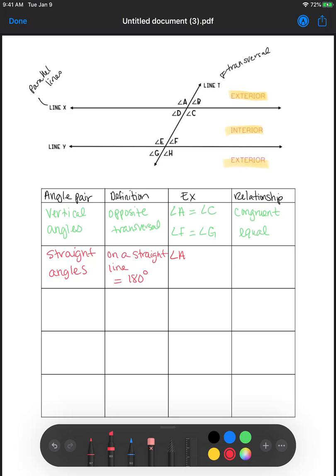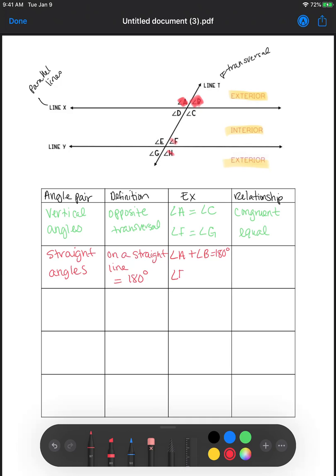Angle A, angle B, those added together are going to equal 180 degrees. We also have angle F and angle H. These are found on a straight line.